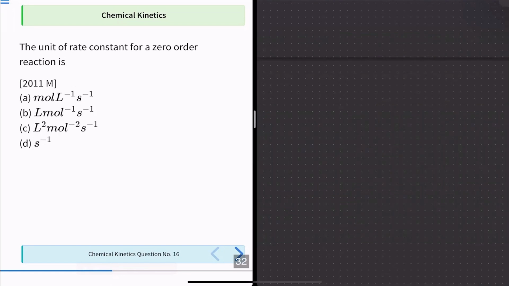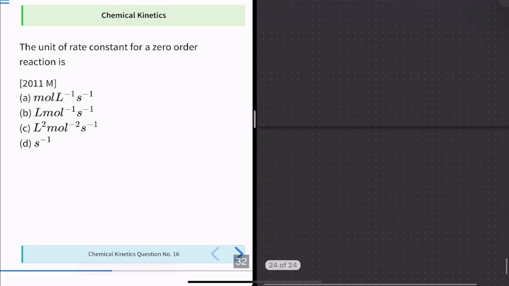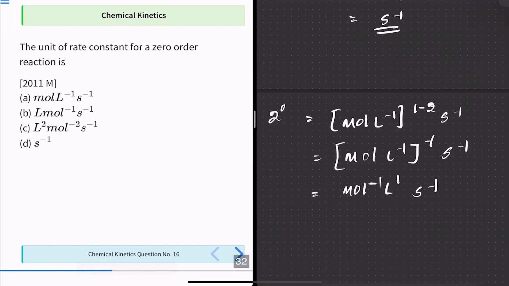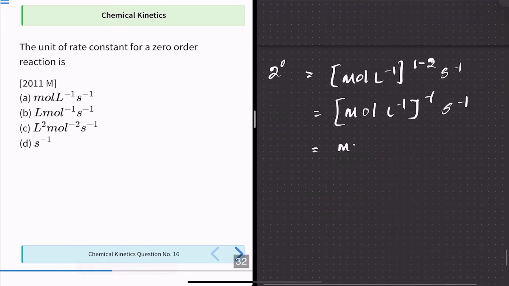So option A is correct here. It is for second order reaction. Mole per liter to the power minus 1 means it is molarity inverse. So let's write this way: molar inverse per second.